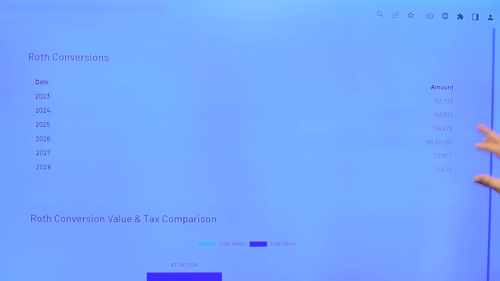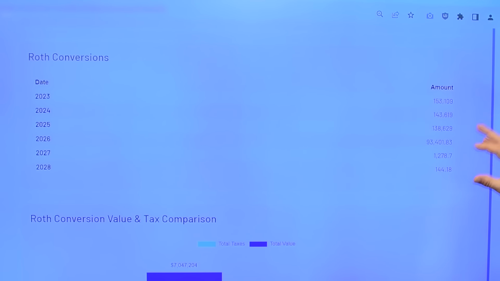I mean, your Social Security check, potentially your Medicare premiums. It creates excise taxes, possibly with your investment income. It can really be a problem. So for most of you, the conventional wisdom is not the right way to distribute from your retirement savings.